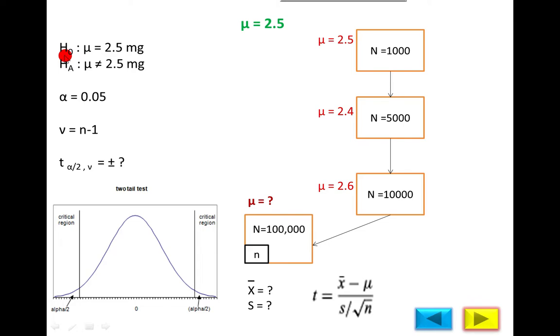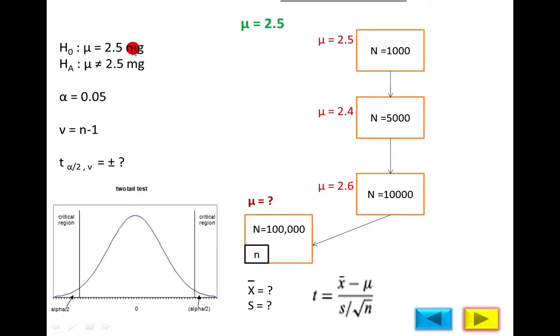Supposition means hypothesis, and hypothesis means supposition. In Urdu it is called mafruza. Suppose that the population mean is 2.5 milligram, then we use this in the formula and calculate the t value. This t value is called the t calculated value or observed result.